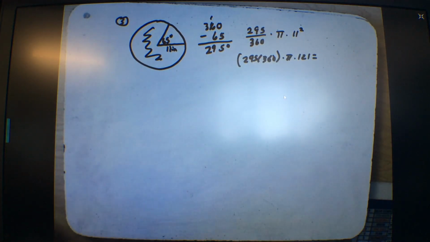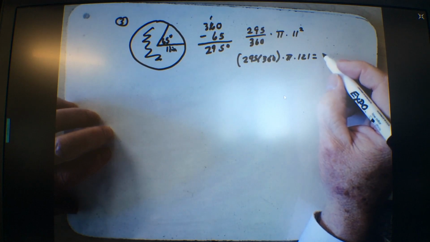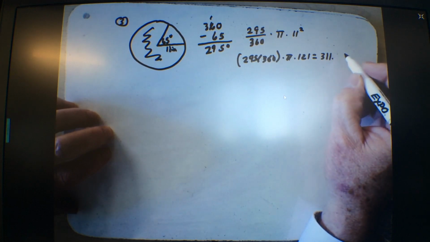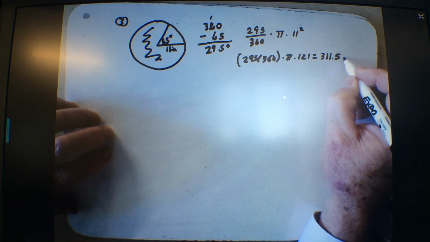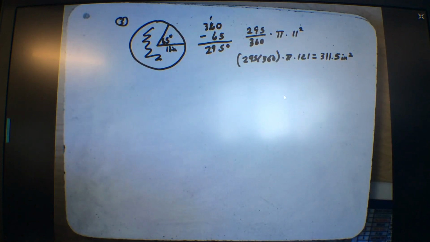And tell me to the nearest tenth what you get. You get 311.5. What's my label? Inches squared, and this is the area of a sector. So you can let the calculator do all the work for you if you want, okay?